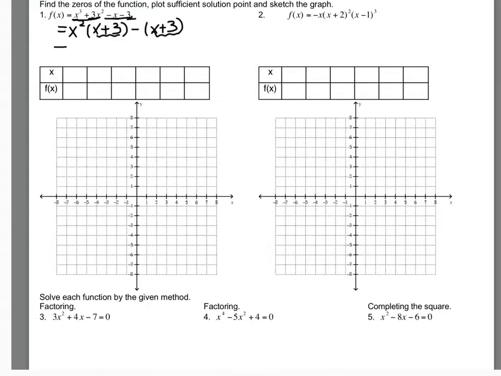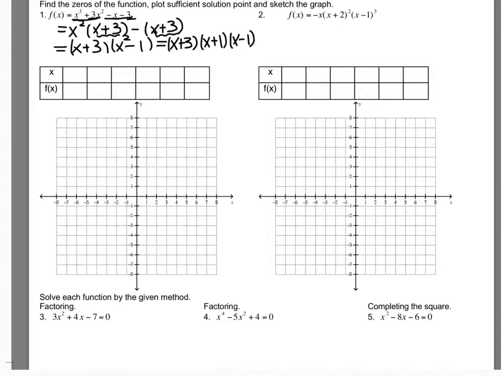So as I factor it out, I should have x plus 3 times x squared minus 1. And x squared minus 1, I should be able to recognize directly. It should be positive 1 and negative 1, which means that all our factors are x plus 3 times x plus 1 times x minus 1.